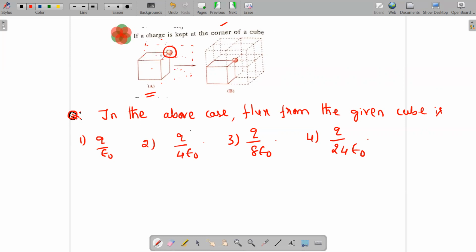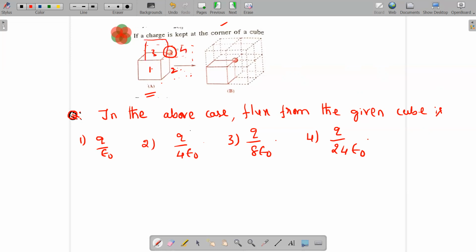So how many cubes are there? 1, 2, 3, 4. Because the charge is at the corner, these cubes will cover the first half, the front face, and then the back side. If you imagine, the remaining half of the flux will be passing on the back side. So to cover that flux also, you have to construct the same number of cubes on the back side. That means 1, 2, 3, 4.